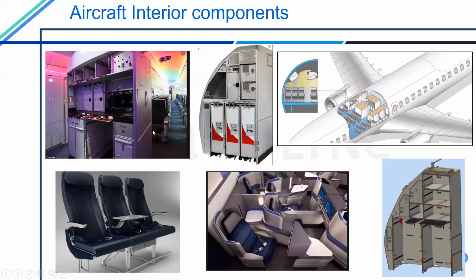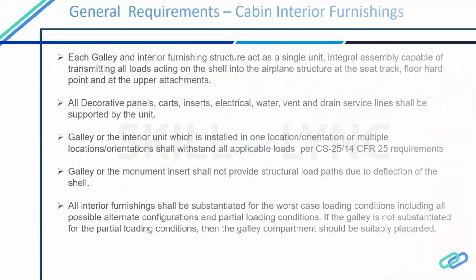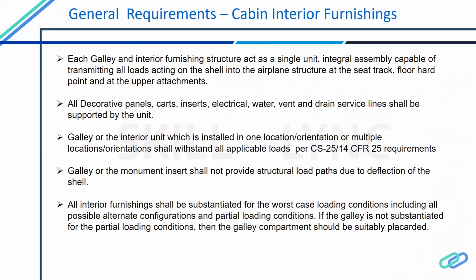So in the practical scenario, whatever load or payloads these galleys or monuments carry, combined with the inertial factor that the entire aircraft or this monument is subjected to, they should not deflect too much, and they should not cause any injury to the occupant. That's what I mentioned earlier. And again, it's a special point that the CS25 requirement says they should not undergo too much deformation or deflection.